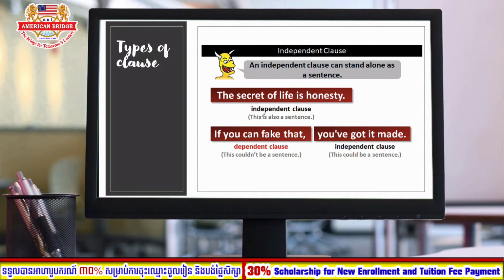This is an independent clause because it is also a sentence. It doesn't need another part of the sentence to make it clear because it expresses a complete thought. It has full meaning on its own. It can stand alone. That is why we call it independent clause.